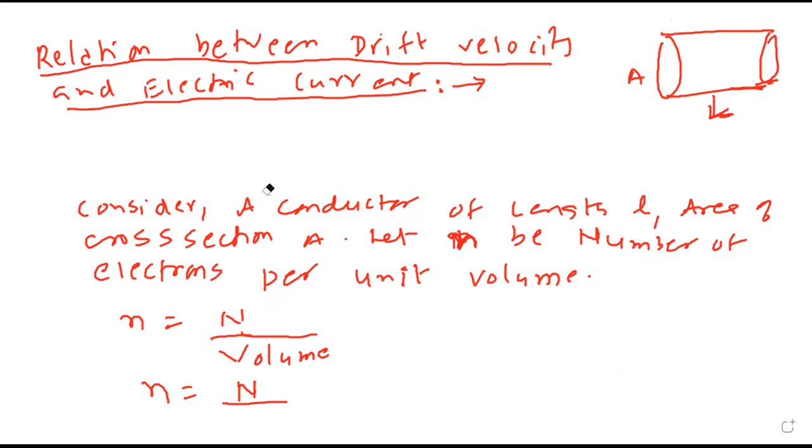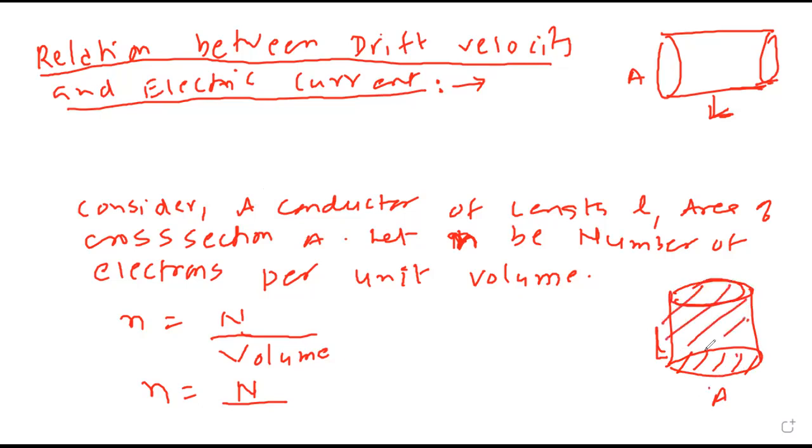Volume is area into length. You are telling me you are not sure. Purposely you are telling or what? Area into length is volume. You don't know this? You know, so say it with confidence, let it be wrong. This is geometry, this is not physics. Area into length, isn't it volume? So that means you know now. Even if you are not sure, if you know something, you tell me. If it's wrong, I will rectify it. Otherwise, how will your confidence develop?